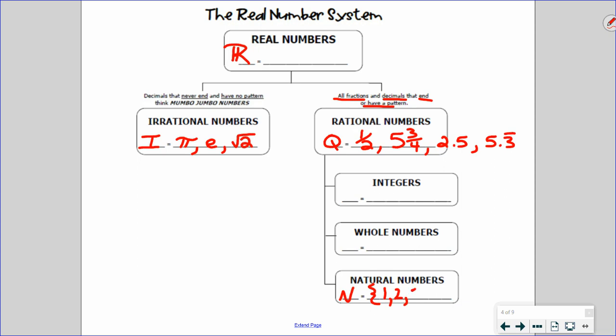So your natural numbers start at 1 and then keep going. Okay, now the set of whole numbers, which is represented by a W, is your natural numbers, but just adding a 0 to the list.